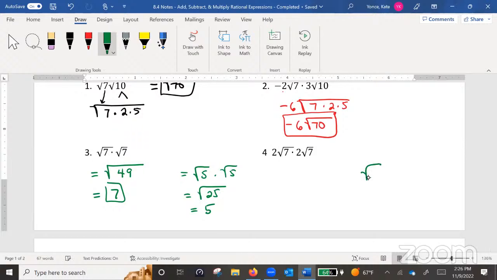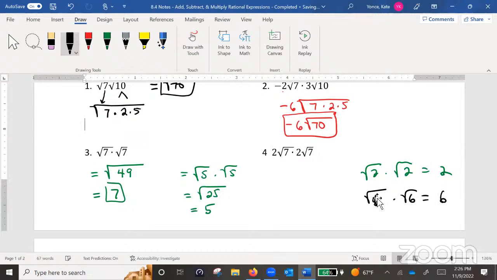So what's square root of 2 times square root of 2? 2, right? Shortcut, right? Let me pick a different one. Square root of 6 times square root of 6. 6, because it's square root of 36. Some people say 36.